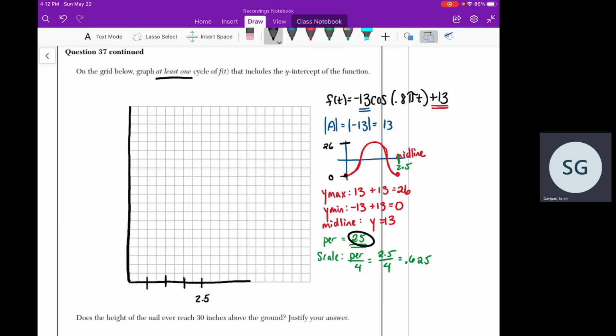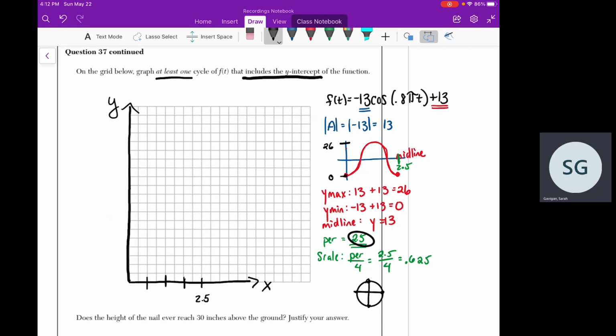Really, we want to break it up into 4 equal parts, because remember where all this comes from is the unit circle. So that's 4 parts. I'm going to label that as 2.5. It said at least one cycle, including the y-intercept. Well, here's my y-axis and here's my x-axis.